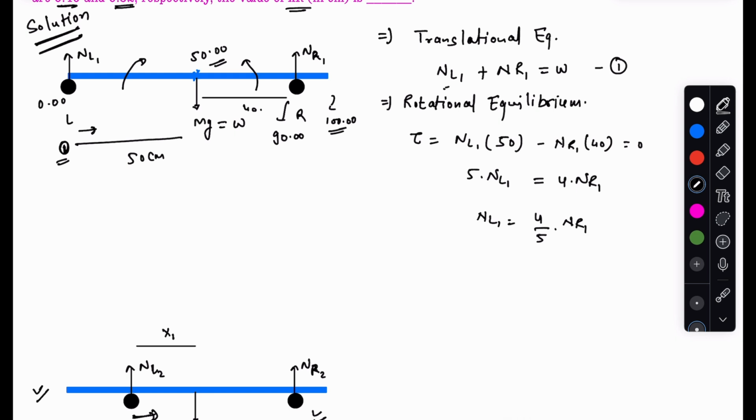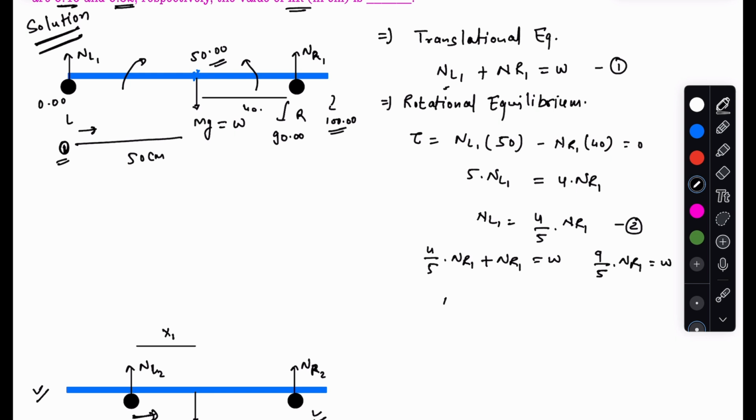If I substitute over here in equation 1, this is our equation 2, we'll have 4 by 5 nr1 plus nr1 equal to w. So this becomes 9 by 5 times nr1 equal to w.